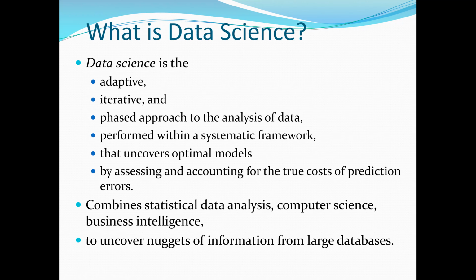So data science is the adaptive, interactive, and also phased approach to the analysis of data. Also performed within a systematic framework that uncovers optimal models, by assessing and also accounting for true cause of prediction errors.